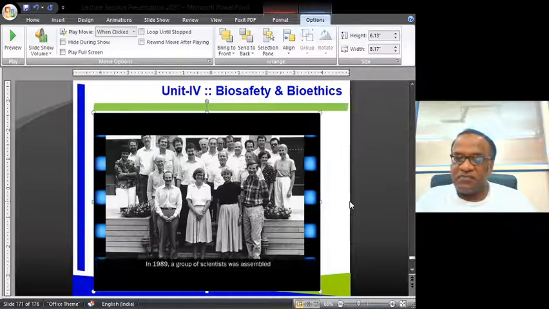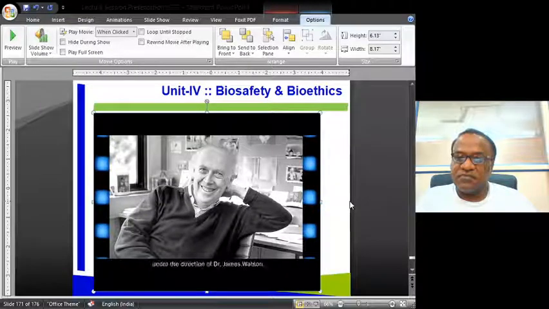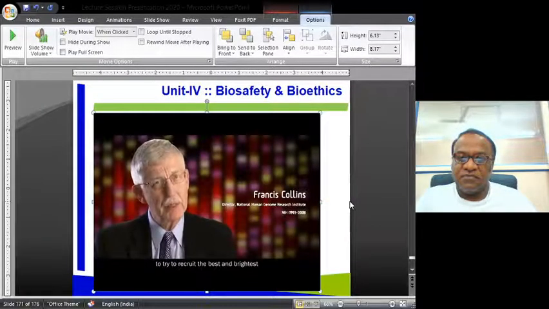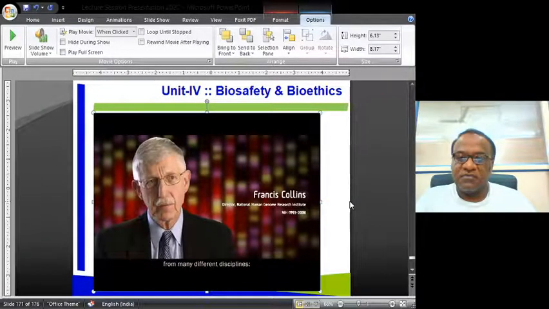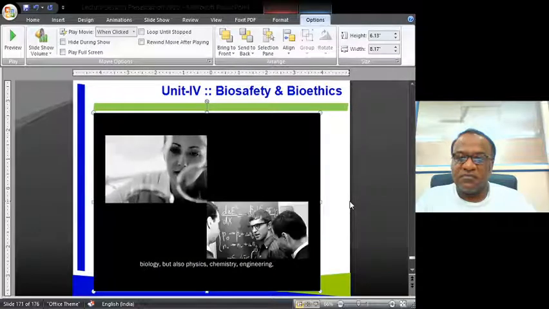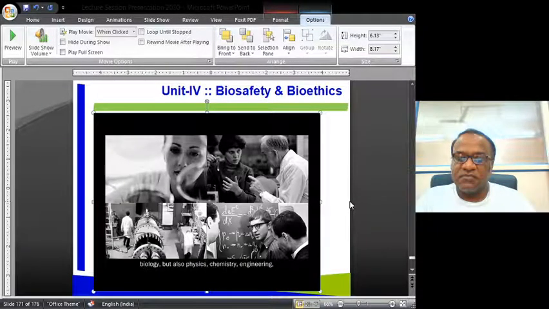In 1989, a group of scientists was assembled to decode the human genome under the direction of Dr. James Watson. One of Watson's big motivations here was to try to recruit the best and brightest from many different disciplines, biology, but also physics, chemistry, engineering, because all of those would have to get together if this was going to work.